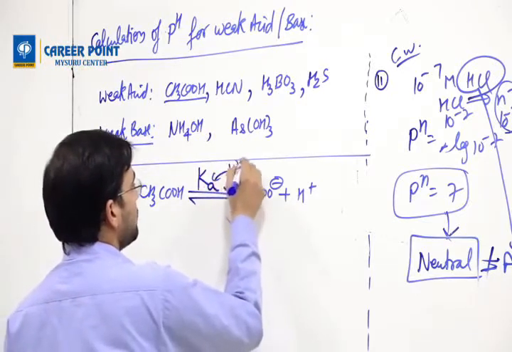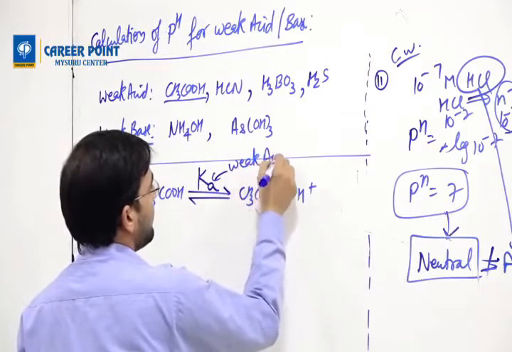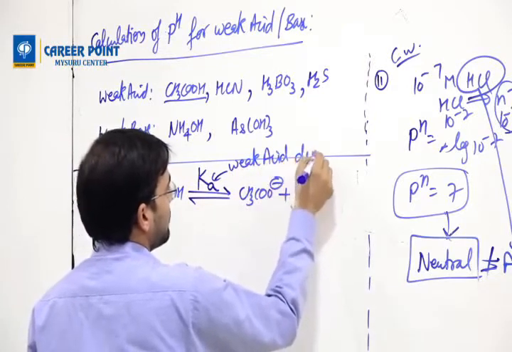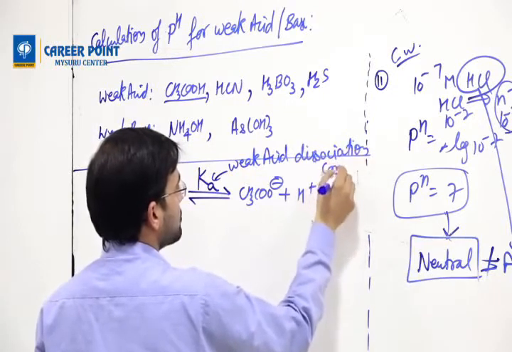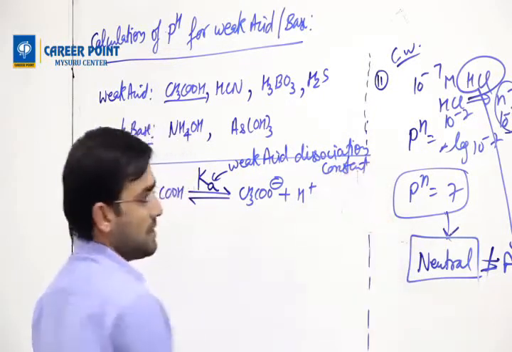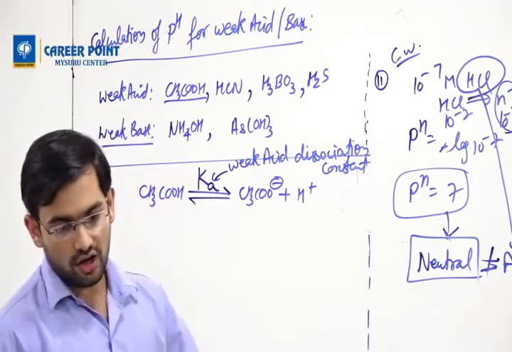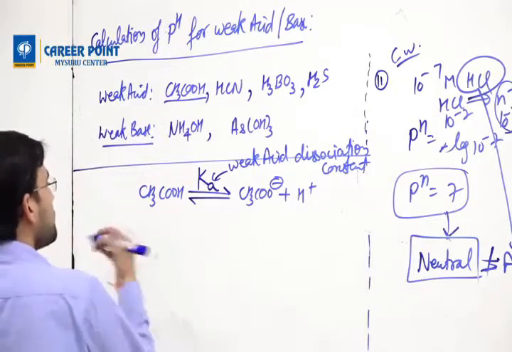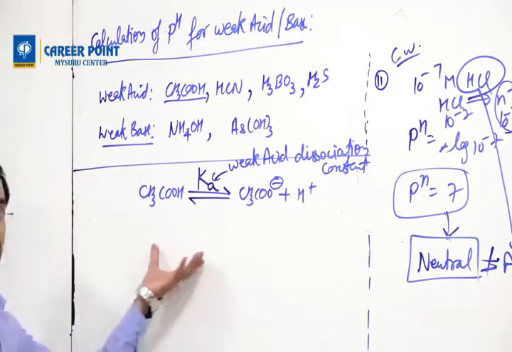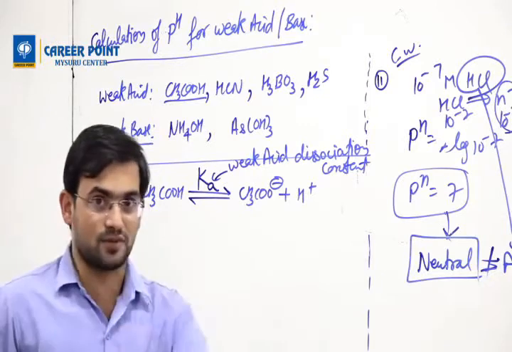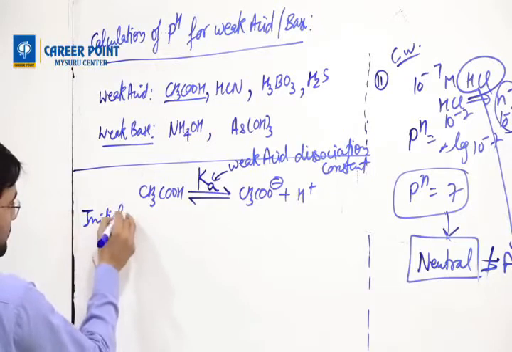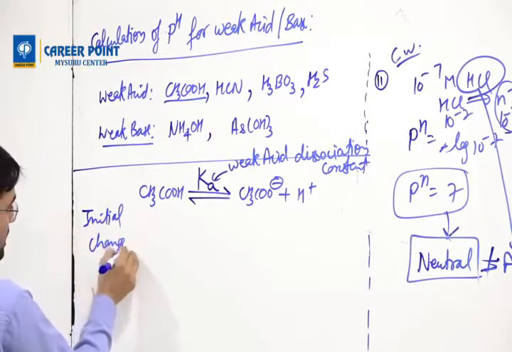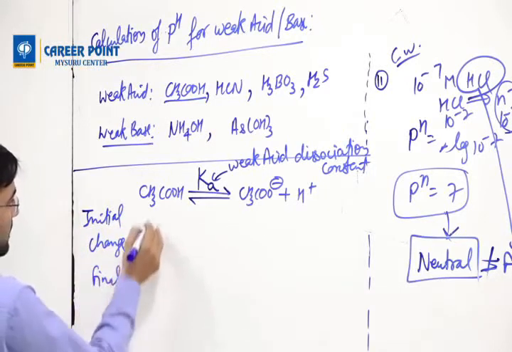Ka is known as the weak acid dissociation constant. Okay. So now if it is an equilibrium, I told you we'll do 3 steps. Right? What are the steps? Initial, change, final.